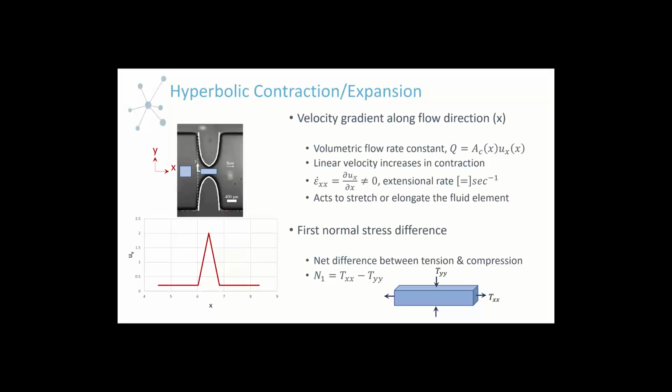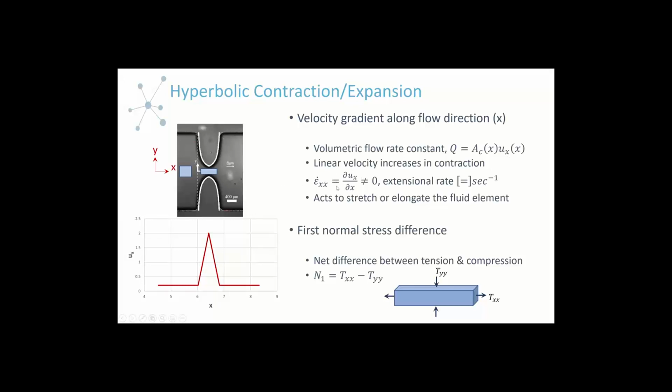To understand how that can be, if you know that the volumetric flow rate is constant throughout the system, this is essentially the cross-sectional area times the linear velocity at any particular position along the flow path. So the volumetric flow rate is constant. If we see an abrupt change in the cross-sectional area, then the linear velocity has to increase as we move into this contraction zone.